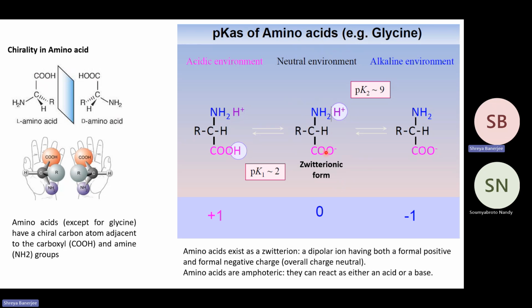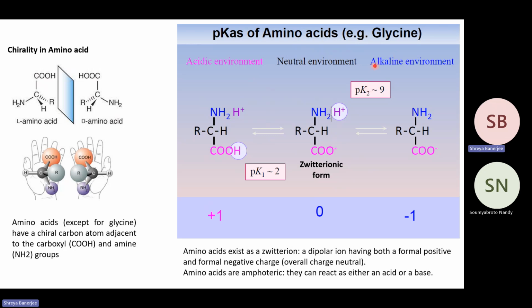Now, as the pH is decreased to, say, around pH 2, which is acidic pH, meaning the solvent is providing H plus, then this COO minus will also be protonated and become COOH. Then the molecule will just have a single plus charge and the net charge will be +1.